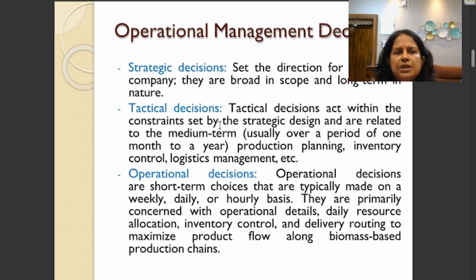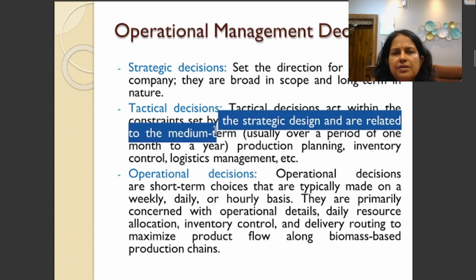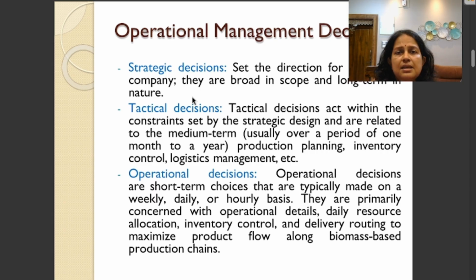When we go for investing in land, we purchase the land, or facility location, this is a strategic decision because we are choosing a location to establish the plant. So this is a long-term decision plan. That's why it is called a strategic decision.